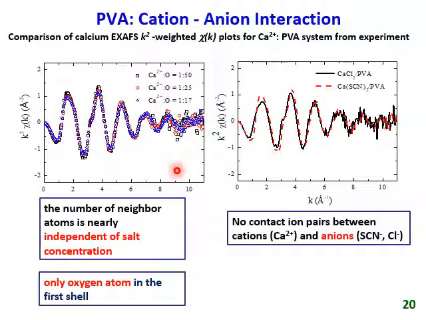For calcium salt with twin anion, as shown here, we observe no difference in the spectra. So we can say that the anion may not be located in the solvation shell, unlike the PEO case, where the anion comes to coordinate with the cation. But in this case, as with PVA, it seems that the anion cannot come to solvate.